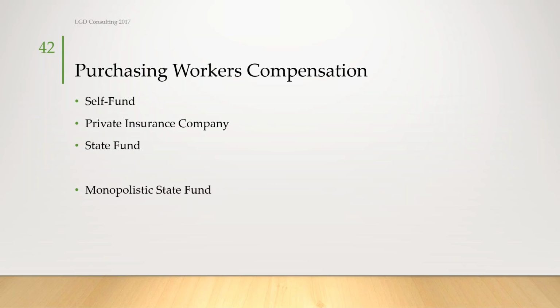You can buy workers' comp from a private insurance company, or some states have a state fund where you actually purchase workers' compensation through the state fund. Now, some states give you a choice. You can buy it from the state fund, private insurance company, or you can self-fund. Some states, you only can buy it from a private insurance company because there is no state fund. Some states, you have to buy it from a state fund.